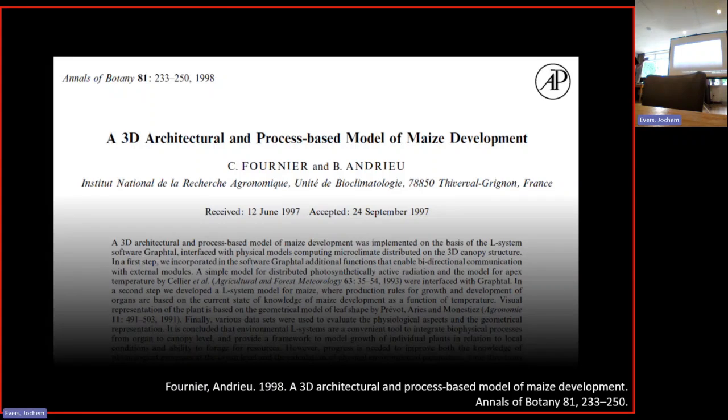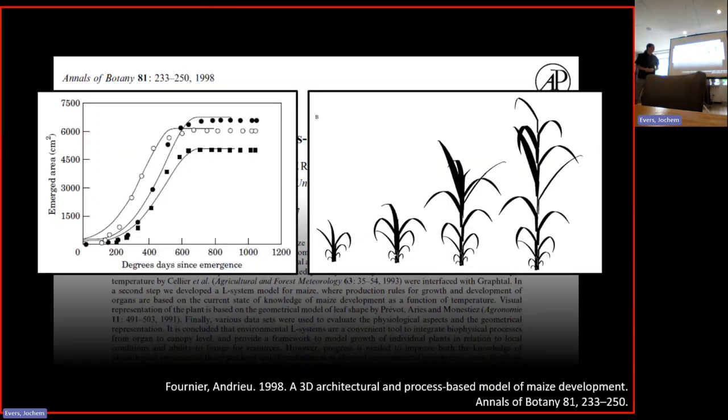And it was in the late 90s that people from biology and agronomy realized we can use these models to address questions that we have in living systems. Yeah, and this is one of the first examples of that, where such an L system-based model was made for maize by incorporating such biological mechanisms.